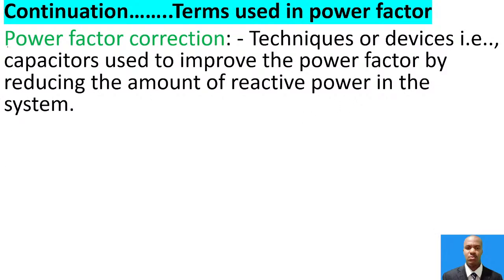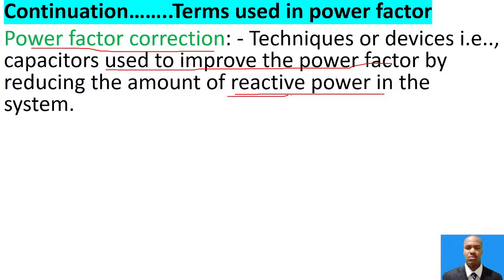Then the other term is power factor correction. Power factor correction, these are simply the techniques or the devices used to improve power factor by reducing the amount of reactive power.